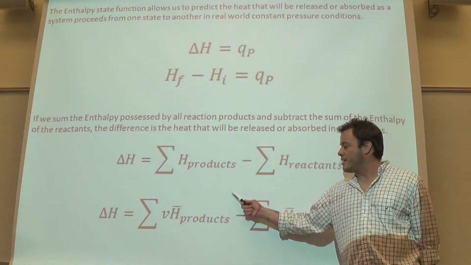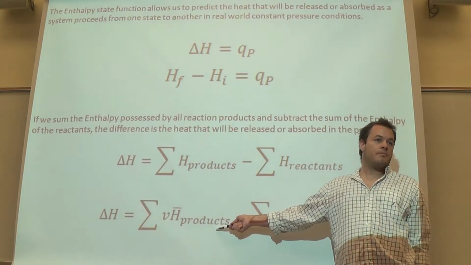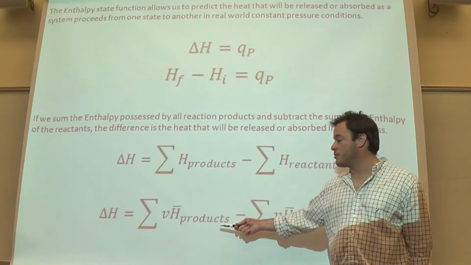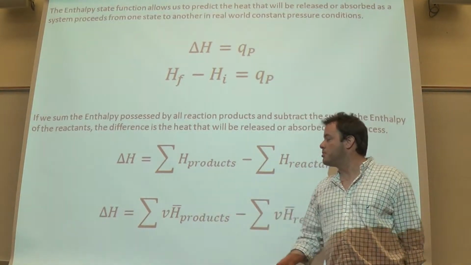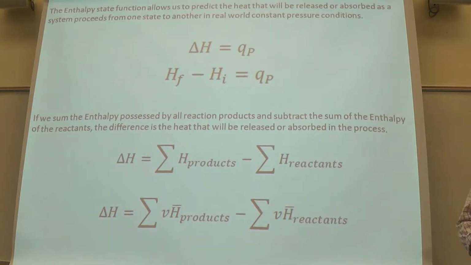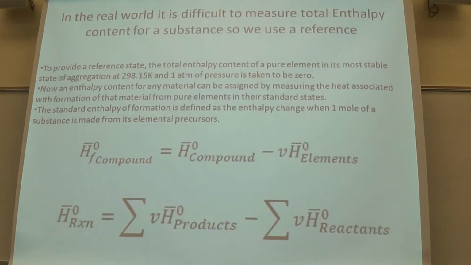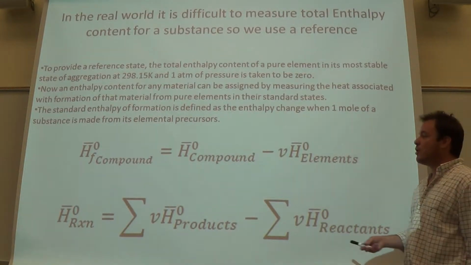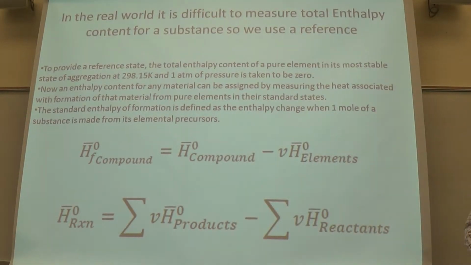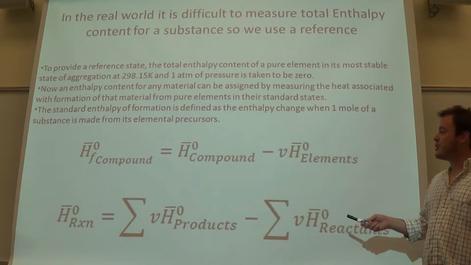And this one is the hard one to describe, and so we end up describing it relative to a reference state. And once we've described it relative to a reference state, that's when we put the big 0 up there, and that says we're looking at that at a particular set of conditions relative to the enthalpy content of the elemental precursors. That's H naught of formation.